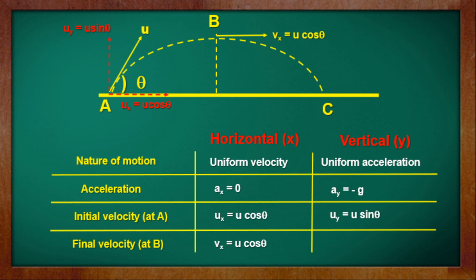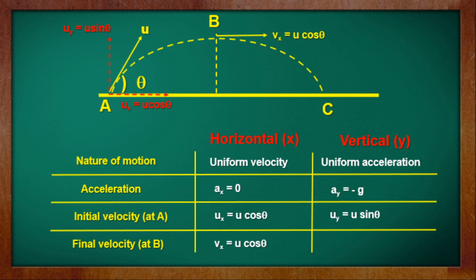So, that is why whether it is at A or at B or anywhere in the path of the projectile, the horizontal velocity remains the same, which is always u cos theta at each and every point along the horizontal. So, along the horizontal, velocity at each and every point is u cos theta only, because the nature of motion of the body along the horizontal is uniform velocity.